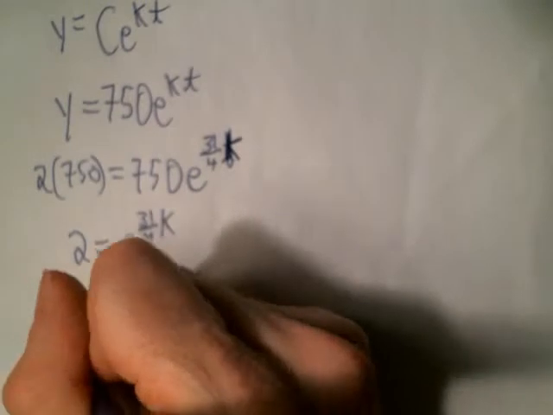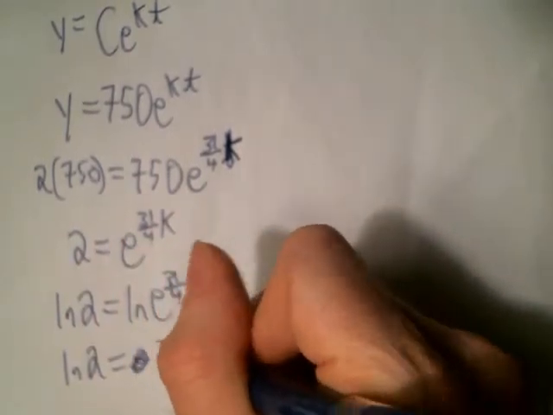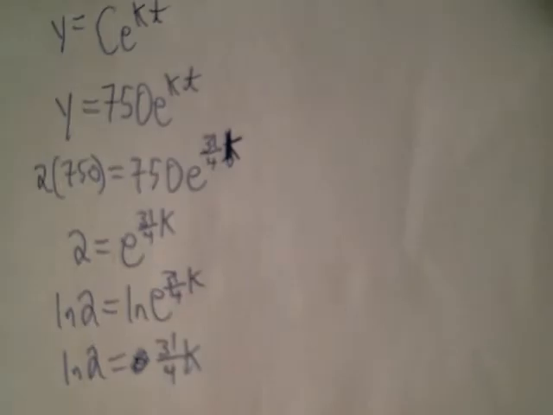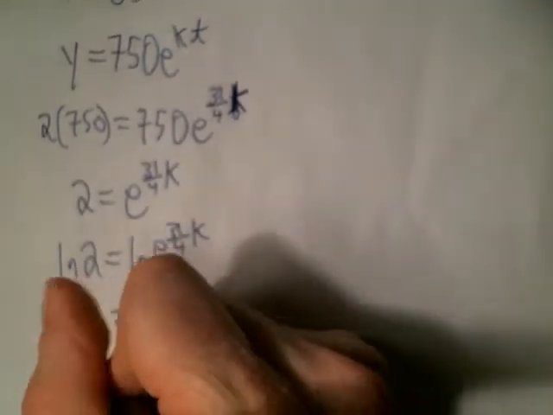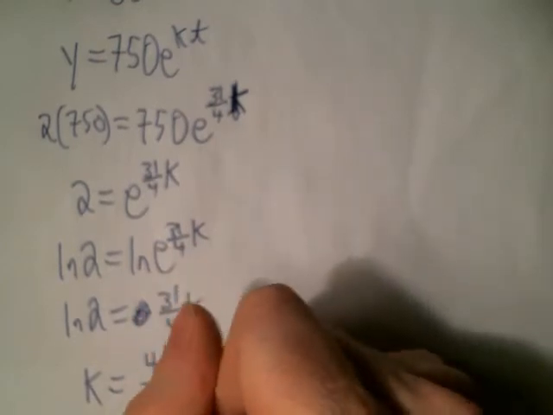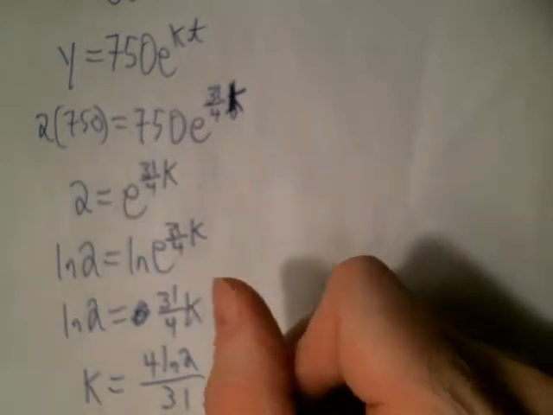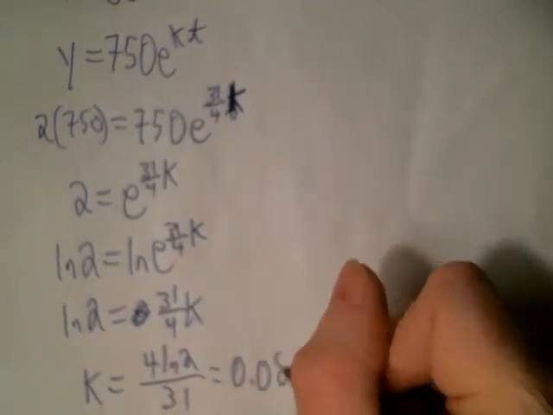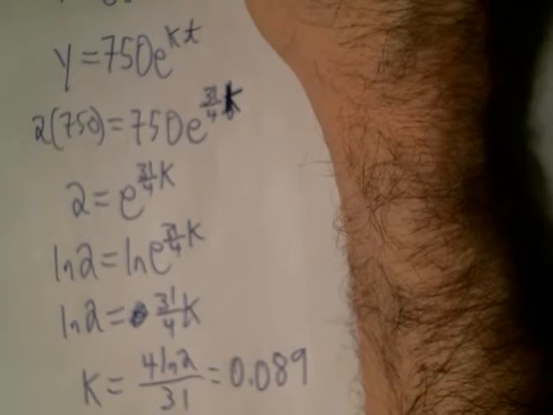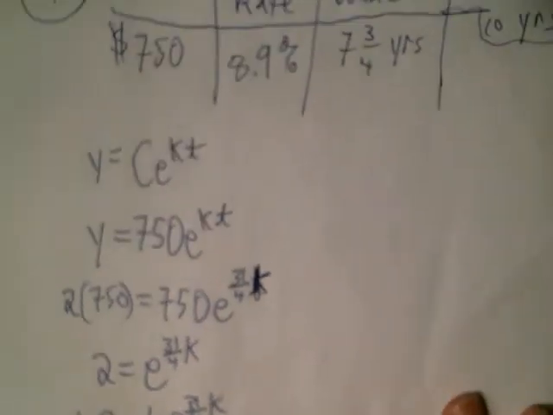And then you'll get 31/4 k equals ln 2. So k must be 4 ln 2 over 31. And you get an approximation if you want. It's about 0.089. So 8.9% is what we're looking for as our rate.